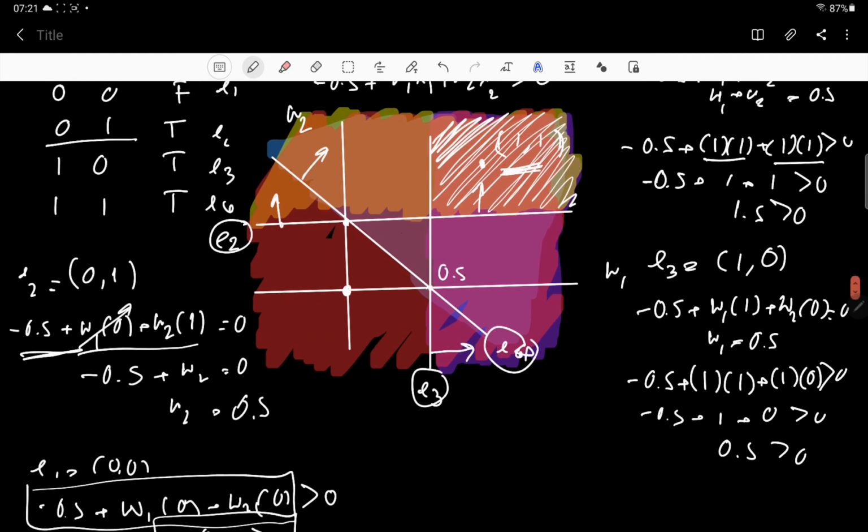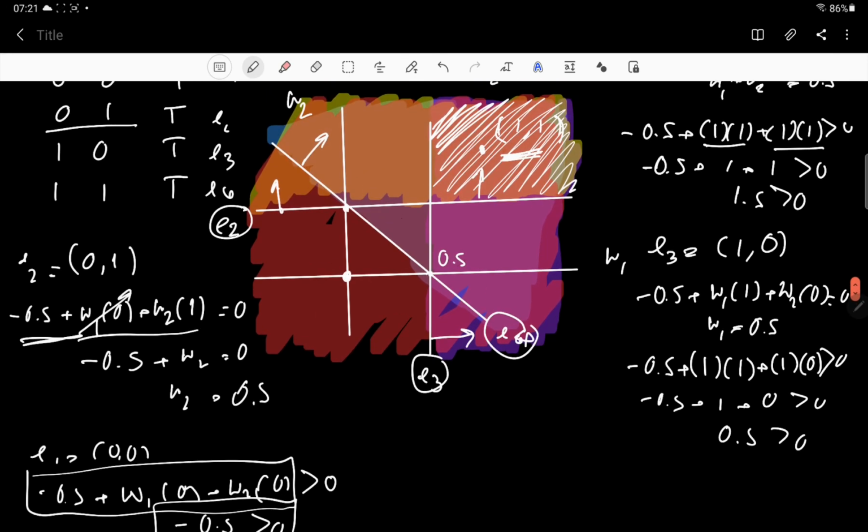In the case that W0 is minus 0.5, you can use any W1 and W2 that are greater than 0.5 and 0.5. You can pick any point.